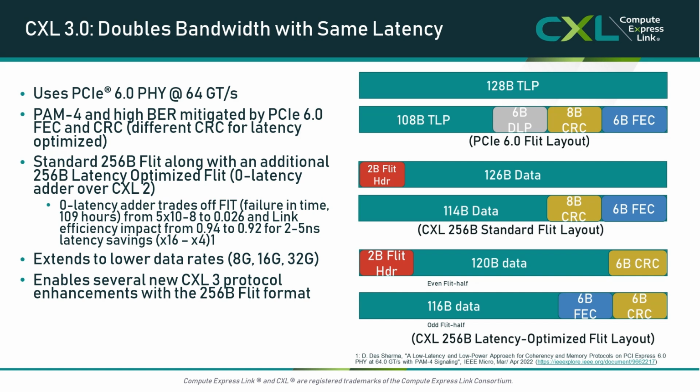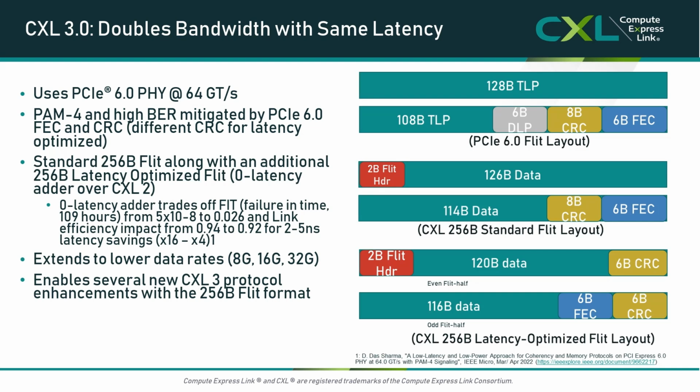You can see the picture on the right side. If you look at the PCIe 6.0 flit layout, it has CRC and forward error correction. And CXL has two formats. One is the standard format that also carries forward the 6-byte forward error correction and the CRC, and adds a 2-byte flit header that identifies what's inside the packet, but is very similar to the PCIe 6.0 layout.